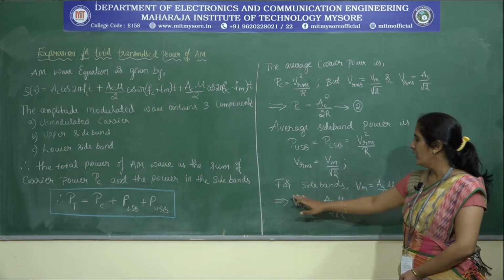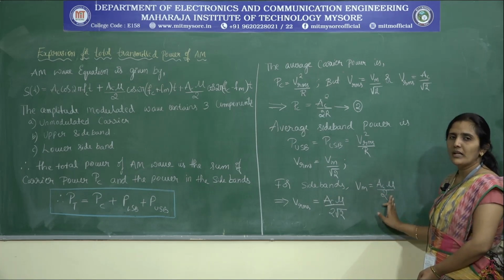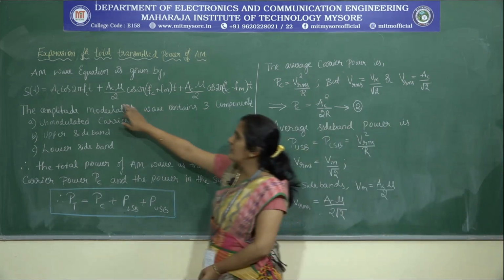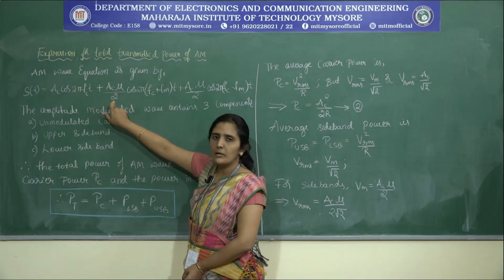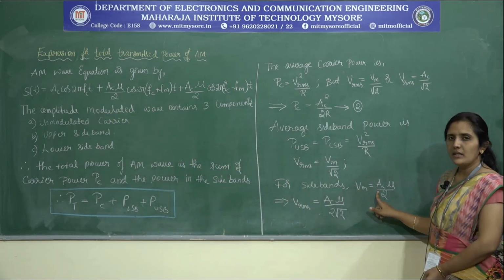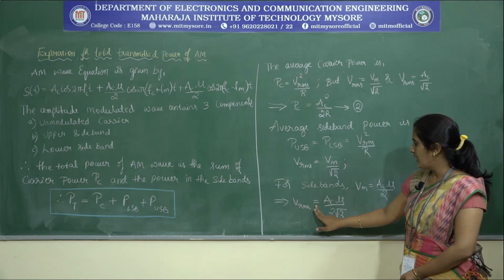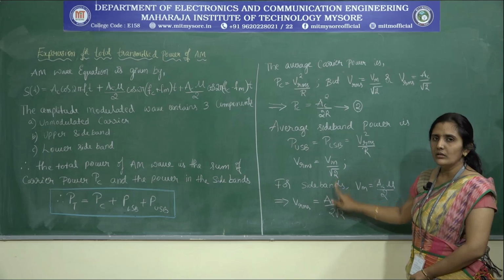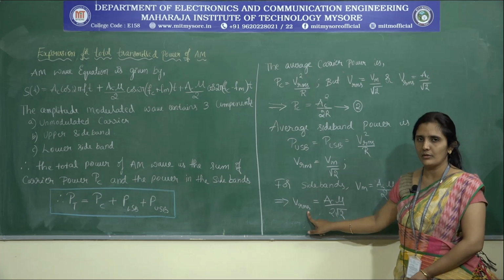Now for the sideband, Vm is equal to Ac mu divided by 2, the maximum amplitude of the sideband signal. Substituting, Vrms equals Ac mu divided by 2, along with the root 2 in the denominator.